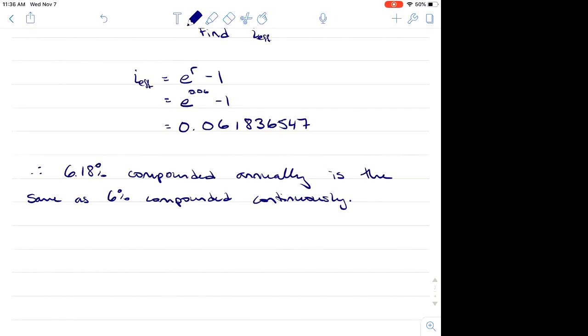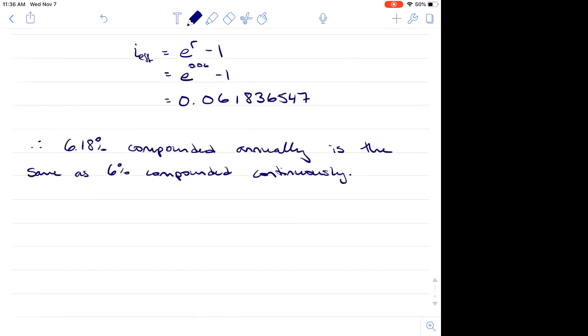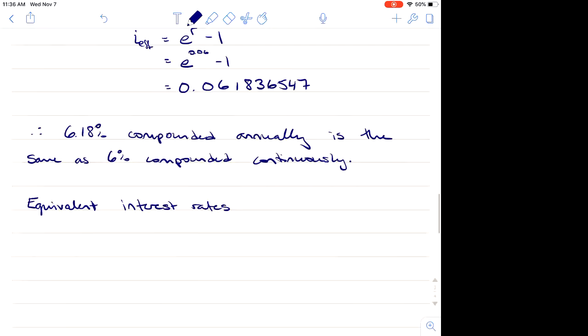So we don't always just want to move to annual compounds. And so that's when we're going to get into equivalent interest rates.